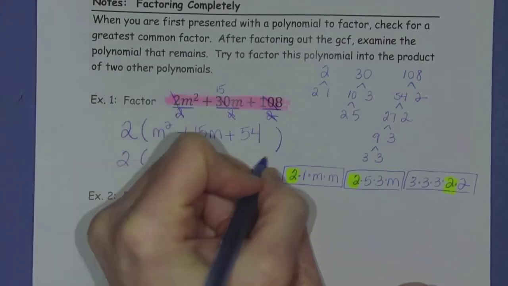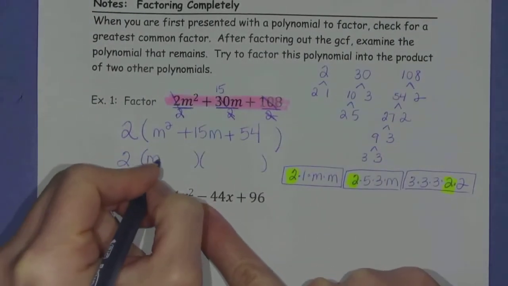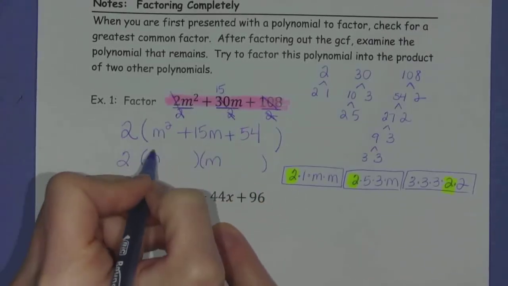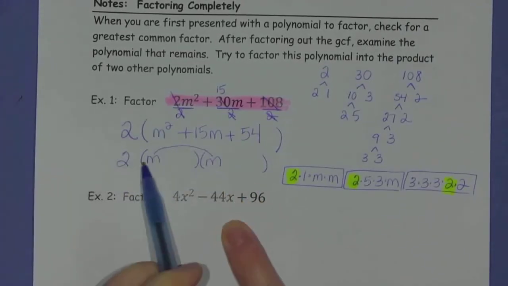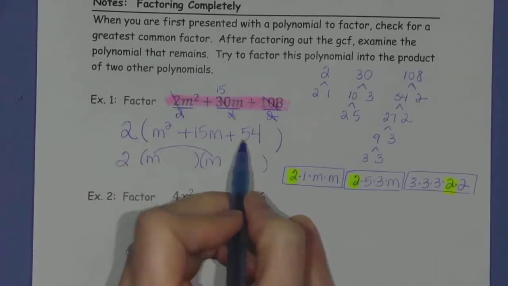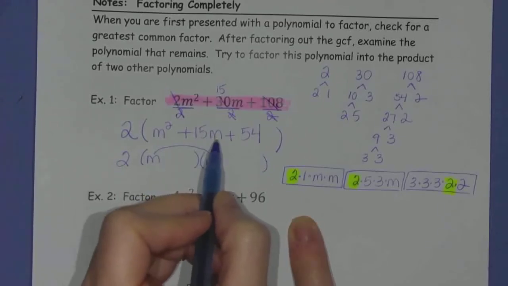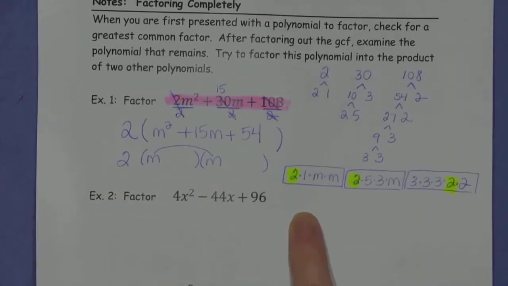When we factor a trinomial where a is 1, we know that we factor down to m and m because that first distribution is going to give us that m squared. So then I need two numbers whose product is 54, but whose sum is 15. So let's see if we can think of anything.